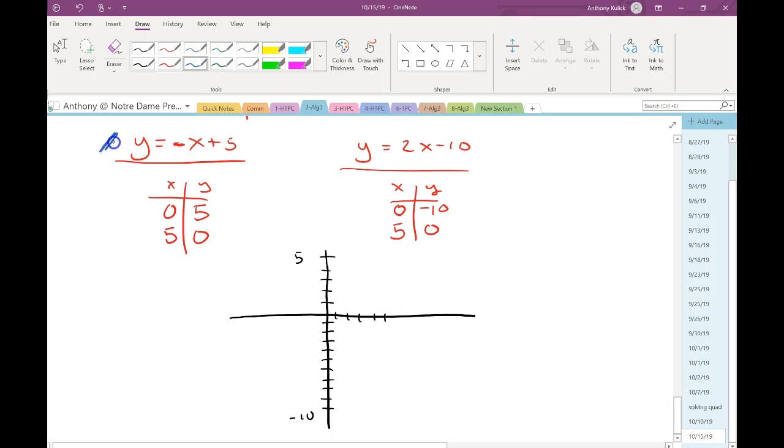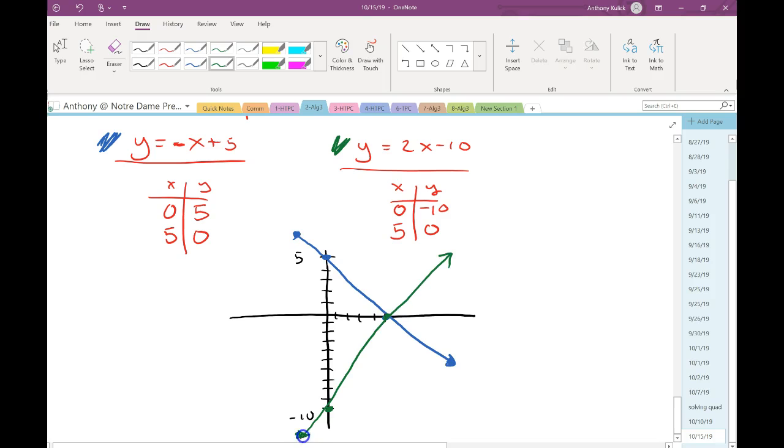So I'm going to draw this one with blue and this one in green. So here I have 0, 5, and then 5, 0. So there's my one equation. And then I have 0, -10, and then 5, 0.